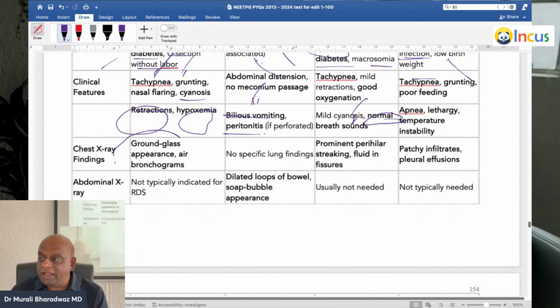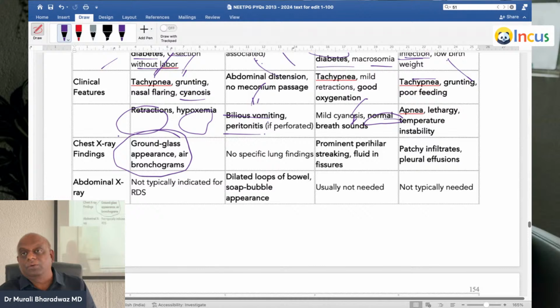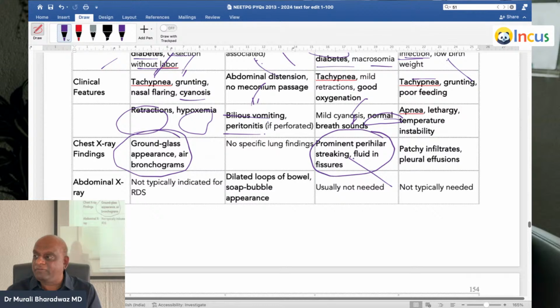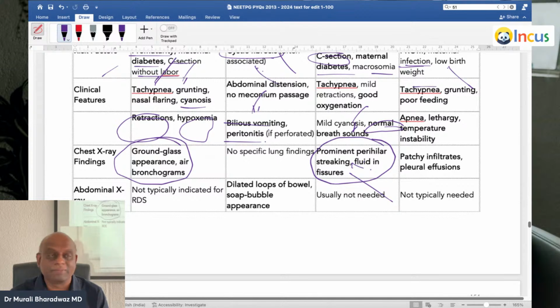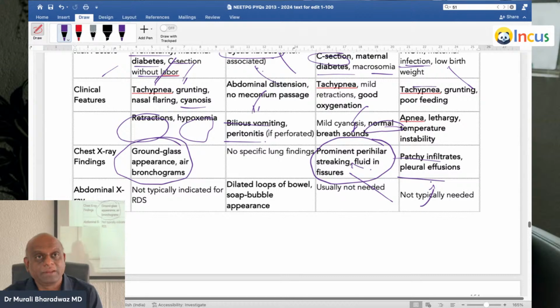So ground glass opacities and air bronchograms equal respiratory distress. Whereas prominent perihilar streaking with fluid in the interlobar fissures is the feature of transient tachypnea. Whereas pneumonia leads to patchy infiltrates and pleural effusions.